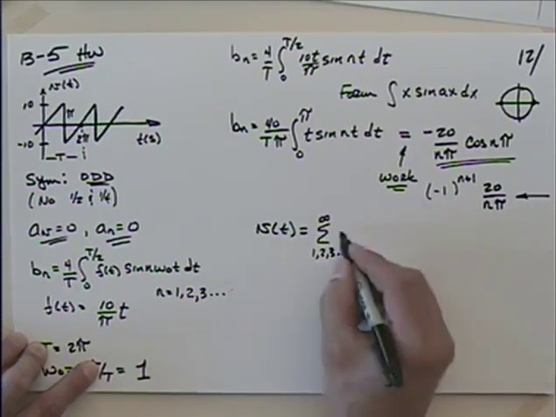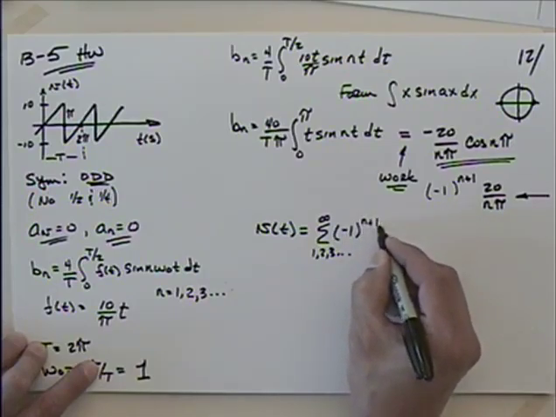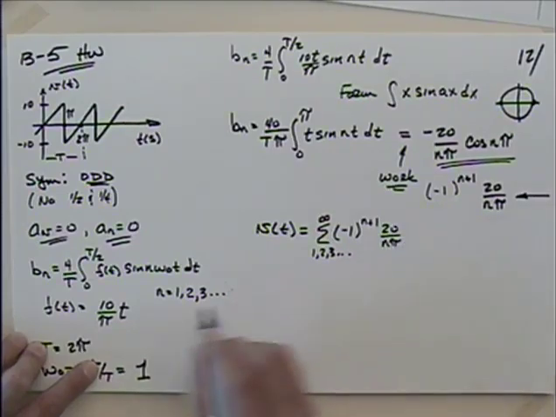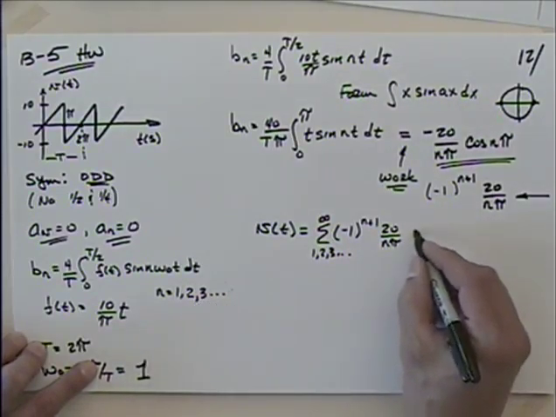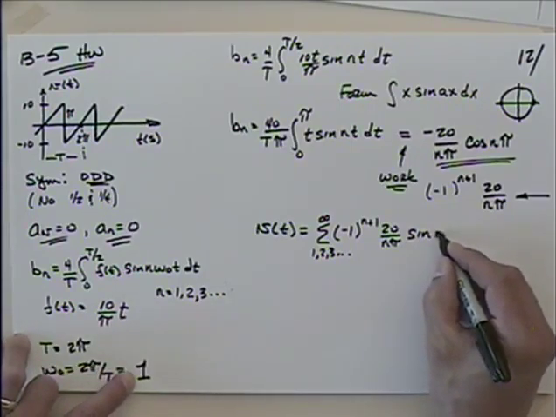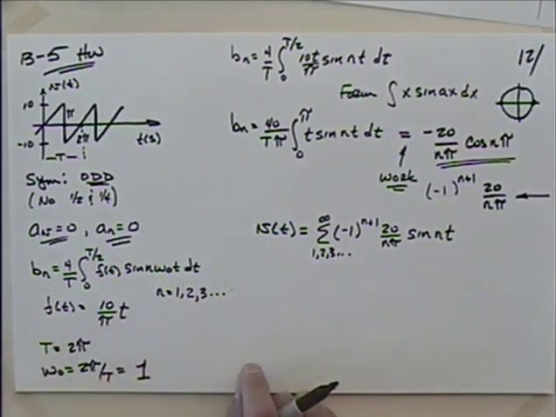Minus 1 taken to the n plus 1 times 20 over n pi. And b is in front of the sine term. So I have sine of n omega naught, so just n times 1. So I'll say nt. Good with that so far?